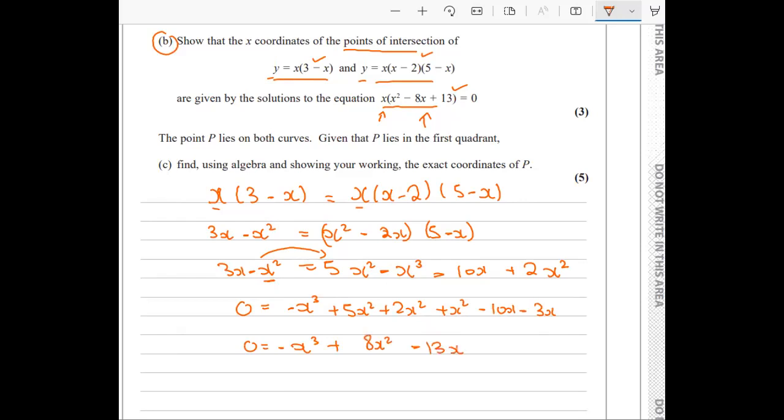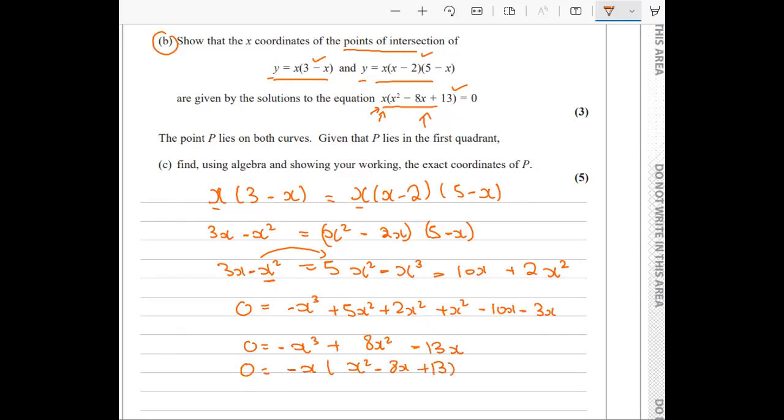Okay, now I have x multiplied by something. This means that I need to take minus x common, and I will have x square minus 8x plus 13.